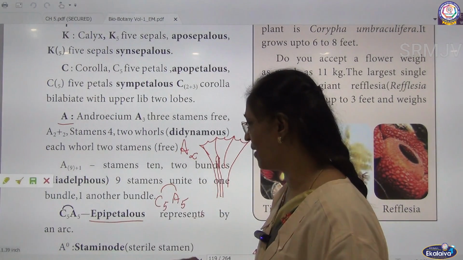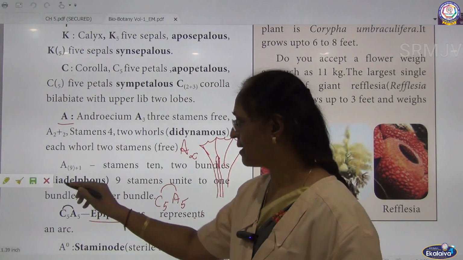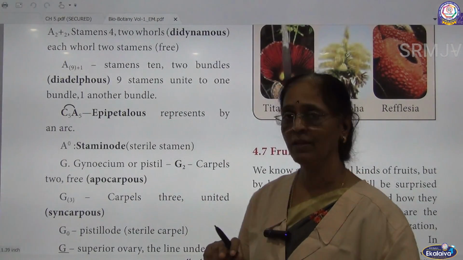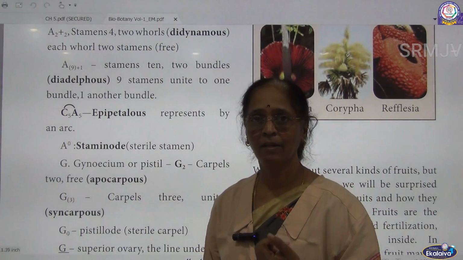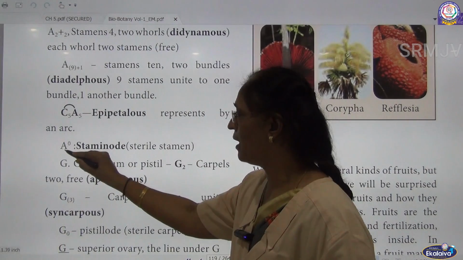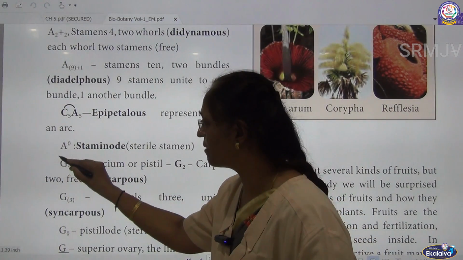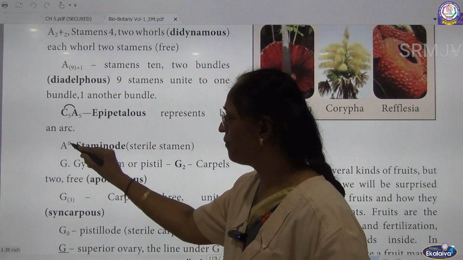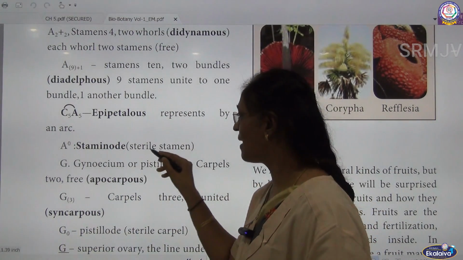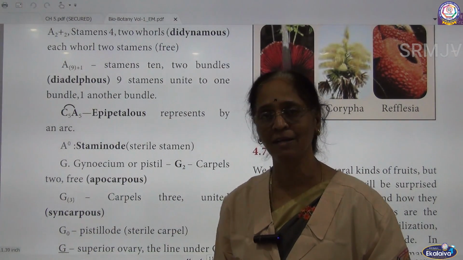So, if you have to represent Epipetalous, we will represent it like this. And then sometimes there may be sterile stamens. In that case, you represent staminodes with a degree symbol. You put the letter A for androecium, and if you add a degree symbol here, it becomes a staminode. What is a staminode? Staminode is nothing but a sterile stamen.